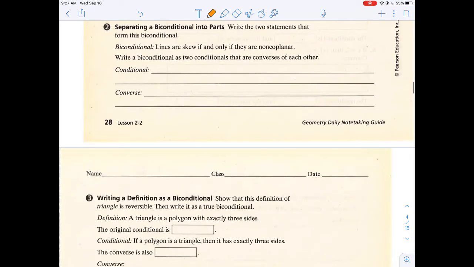All right, separating the biconditional into two parts. Lines are skew if and only if they are non-coplanar. So we want to write this as a conditional statement. I'm going to say if lines are skew, then they are non-coplanar. All I did was put if in front, get rid of the if and only if, and put then.